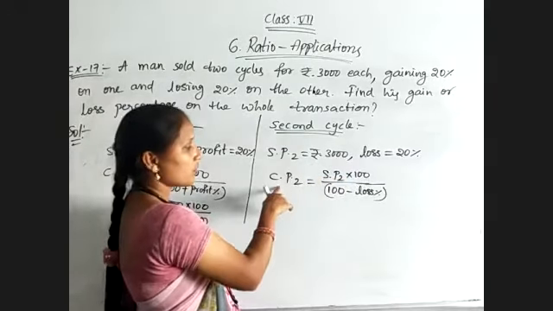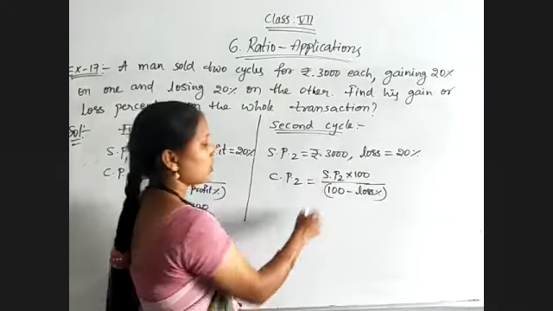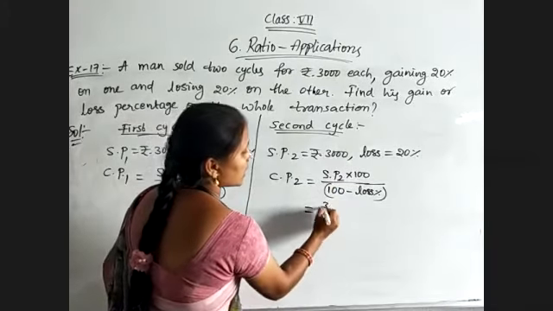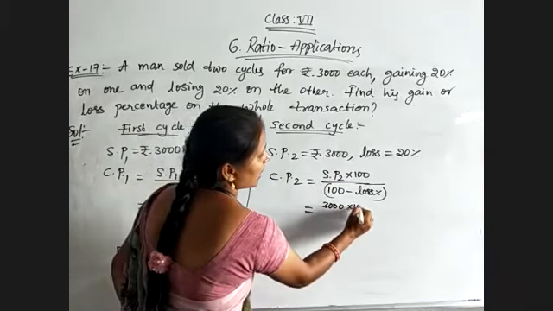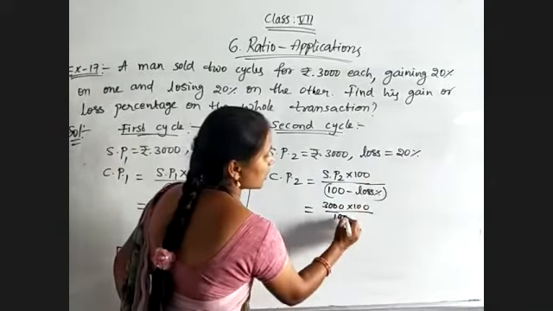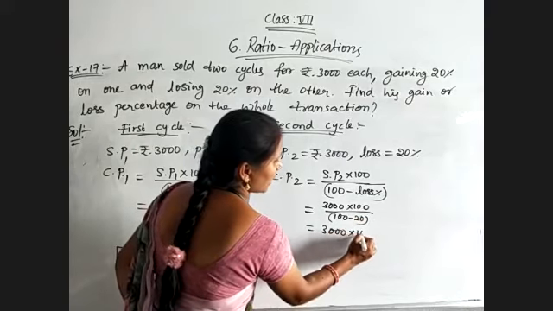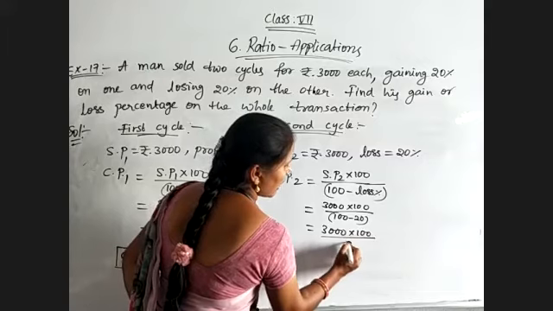So we need to find out CP2. That's why I am bringing every term to that side. Then what will we get? 3000 into 100 by 100 minus loss, 100 minus 20, which is nothing but 3000 into 100 divided by 80.